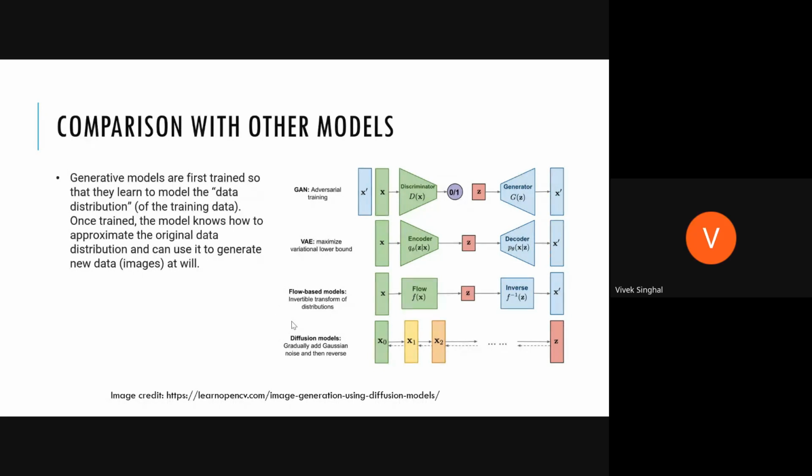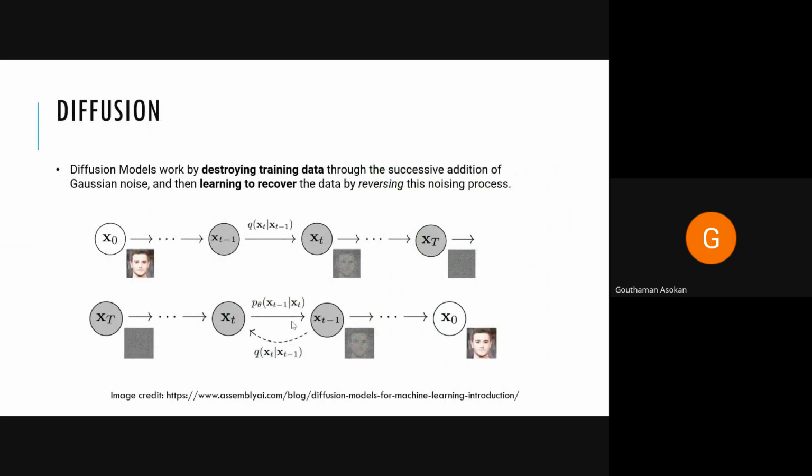The next question in the chat is, what is the intuition of adding noise? Why add noise to regenerate the original? Essentially, they are making the data distribution into a completely different space where it's pure noise, and from noise they are able to generate the images.